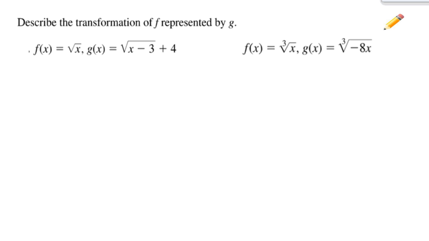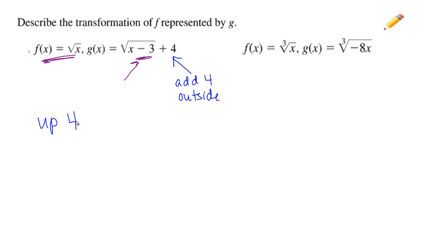Okay, looking at these ones, here's our original. Here's our new one. There are 2 changes. This one right here and this one right here. So this one we are adding 4 and it's not underneath the radical, which means it would be outside. Then you would look at your cheat sheet and you would say that that means that we are moving it up 4.